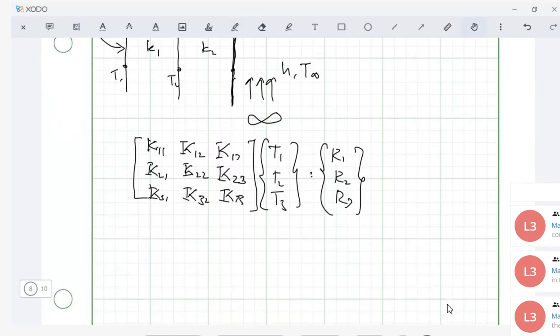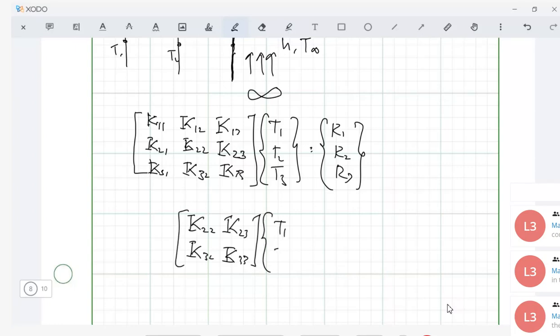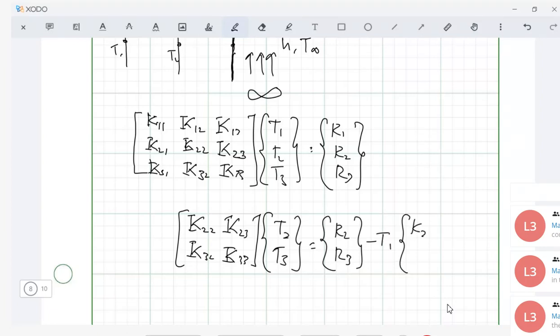Because we know that T1 is alpha, the equation becomes K22, K23, K32, K33, times T2 and T3 equal to R2, R3 minus T1 times K21 and K31.